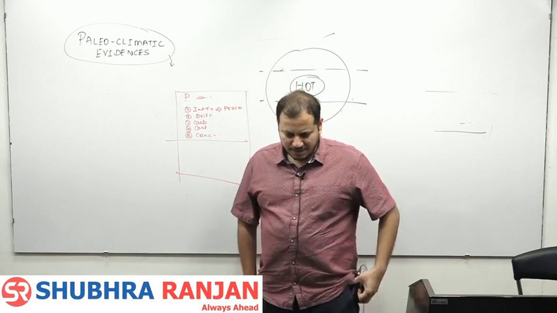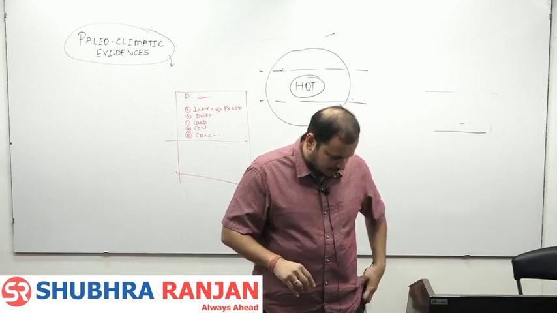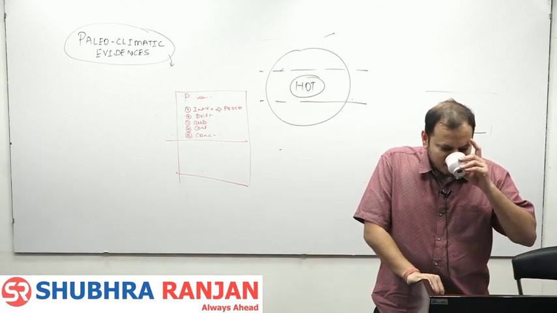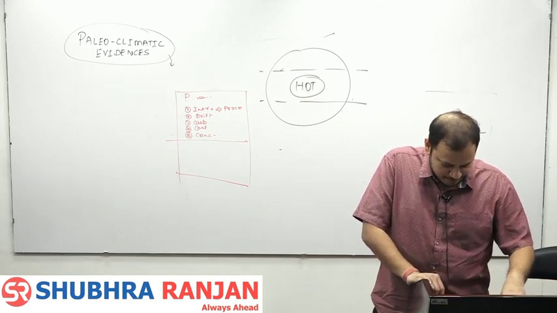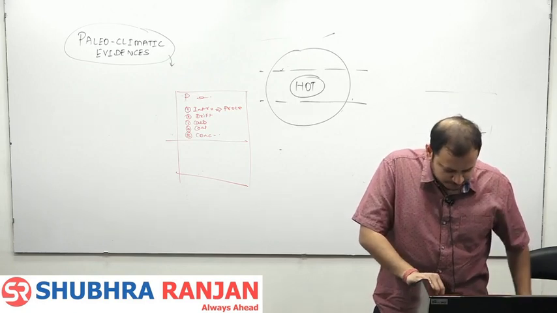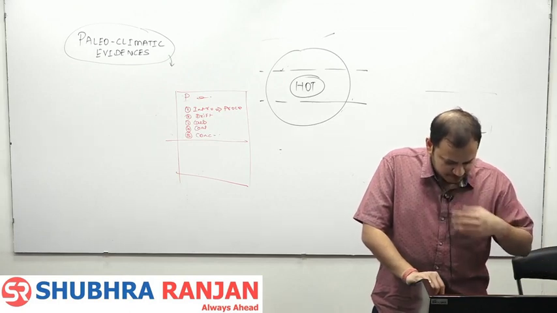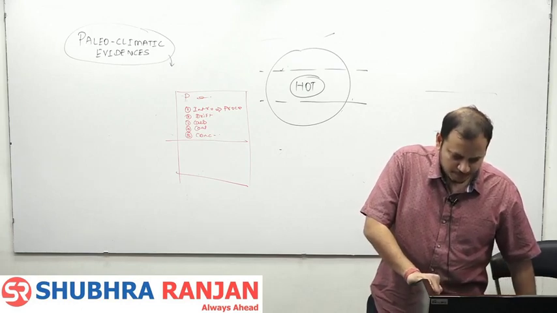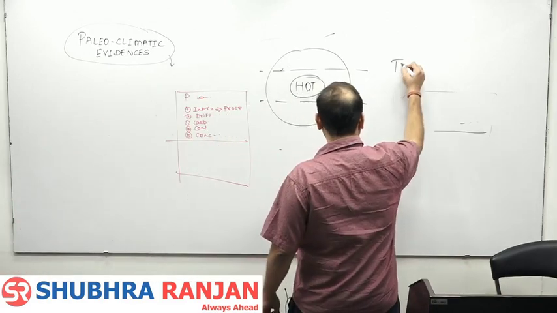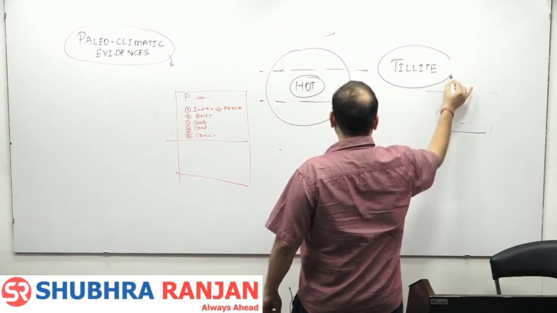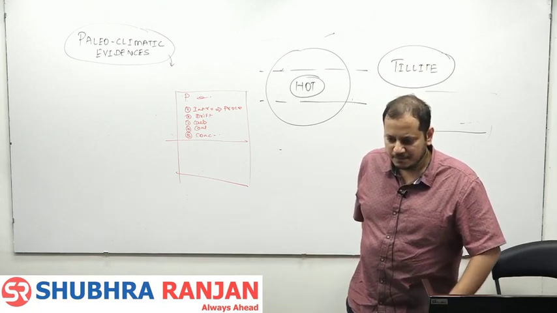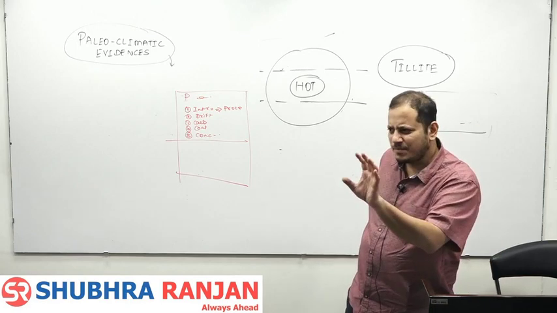One of the biggest evidences is carboniferous glaciation, in which Wegener prepared a map showing evidences of glaciation in the form of tillite deposits. Tillite, a soil that is left by glacier.